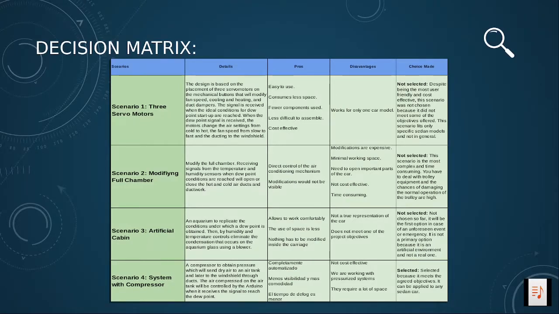It was very expensive and we don't have the mechanical experience, so we made a combination of scenarios 3 and 4. It was implementing a system with an air compressor and air tanks and simulating this system in a typical cabin using a fish tank as our artificial cabin and controlling the conditions inside the cabin for the testing and implementation.